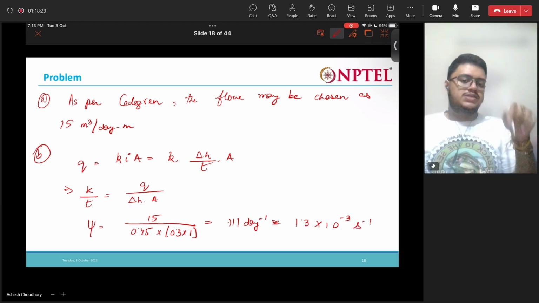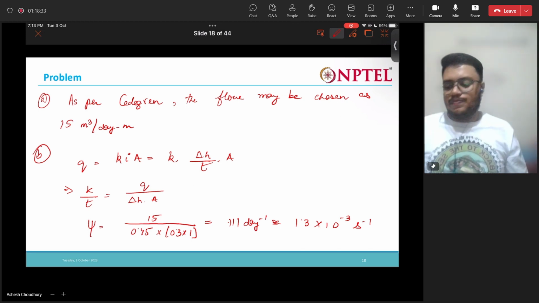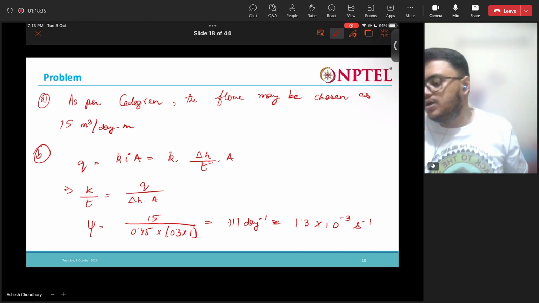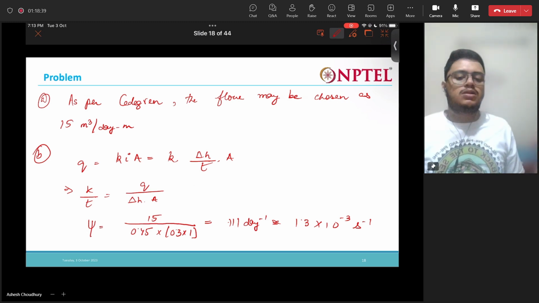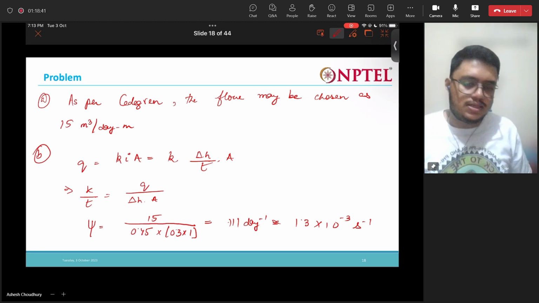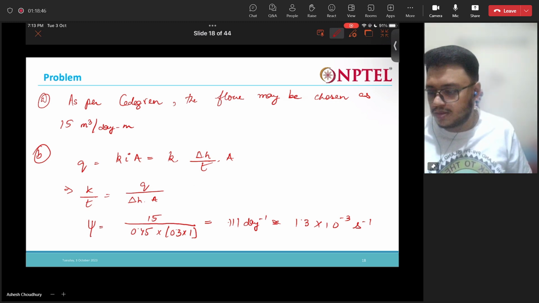Day inverse means 111 divided by 3600 into 24, which comes out as 1.28. So approximately you can take 1.3 into 10 to the power minus 3 second inverse so that our design remains conservative.